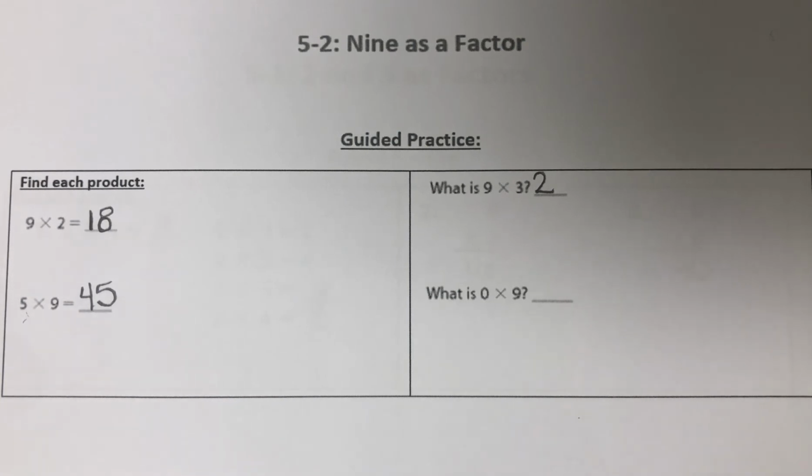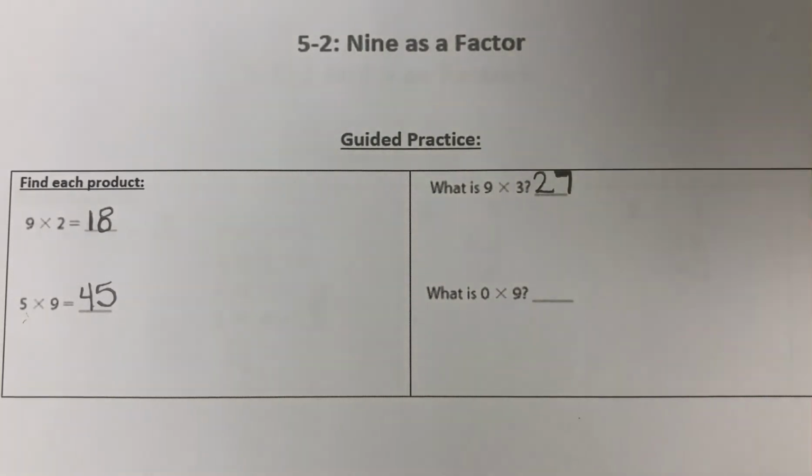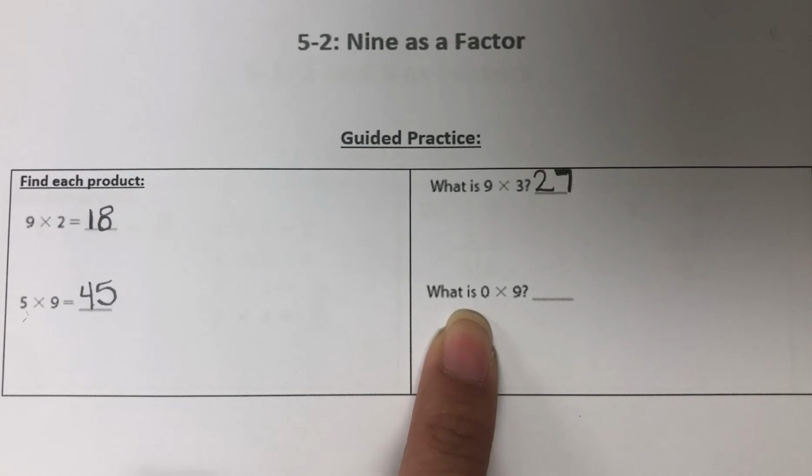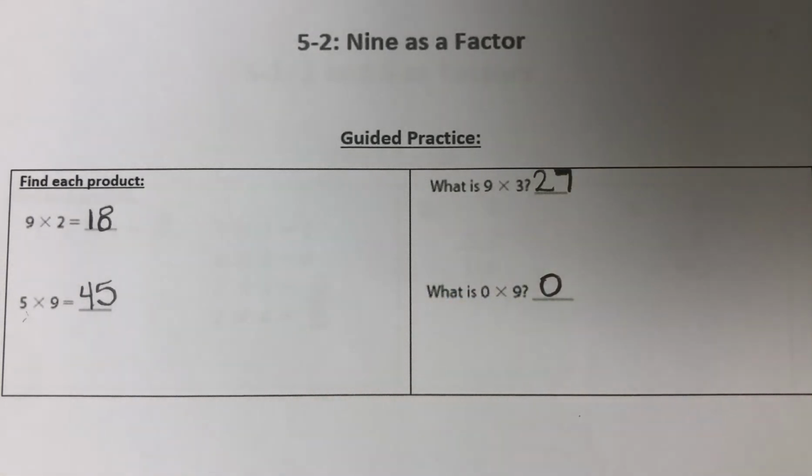That right there is 7. 27 is our answer. Then the last one, anytime we're multiplying by 0, our answer is always going to be 0.